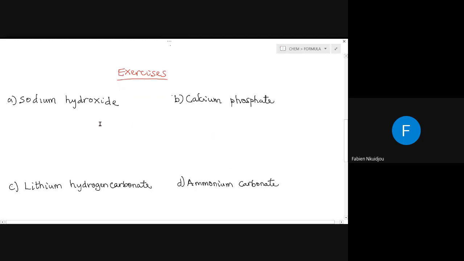Okay. So we have 4 exercises for you to try: sodium hydroxide, calcium phosphate, lithium hydrogen carbonate, and ammonium carbonate. Good. Now that you've tried, let's find out if what you've done is correct. So we start with the very first one, sodium hydroxide.